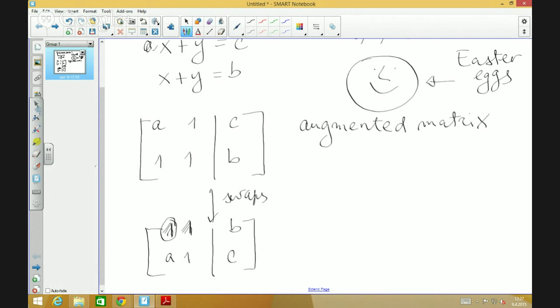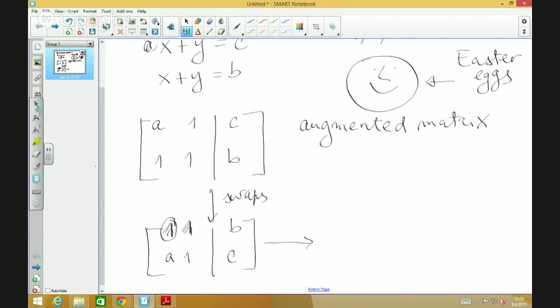up here, we can try to do something below the 1. What is it that we want instead of the A there? We want a 0. Fantastic. So how do we get the 0 there? We multiply the first row by minus A, and we add it to the second row.